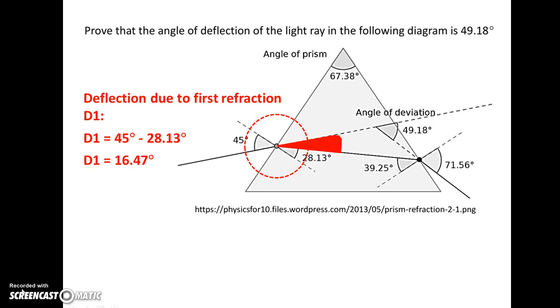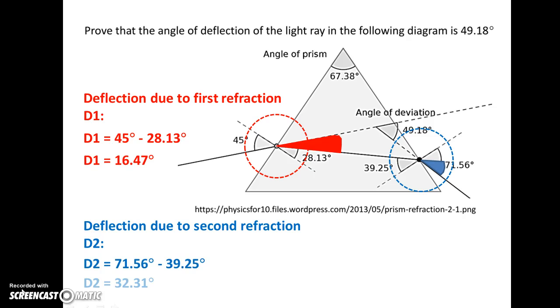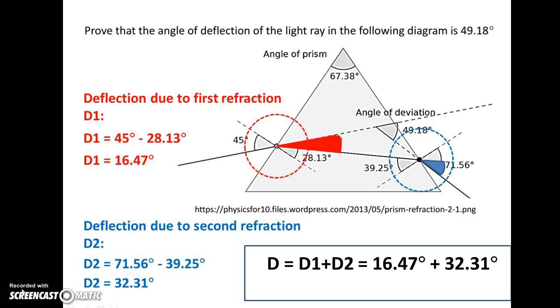Next, you have to find the angle of deflection due to the second refraction, D2. This is the angle D2, and it is given by 32.31 degrees. So the total angle of deflection is given by D1 plus D2, 49.18 degrees.